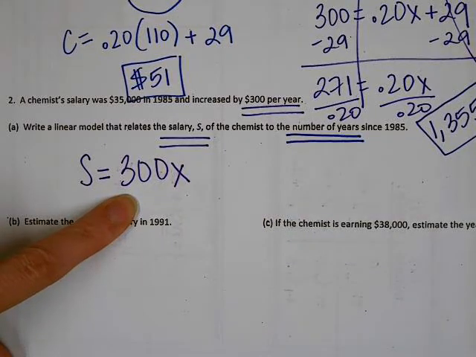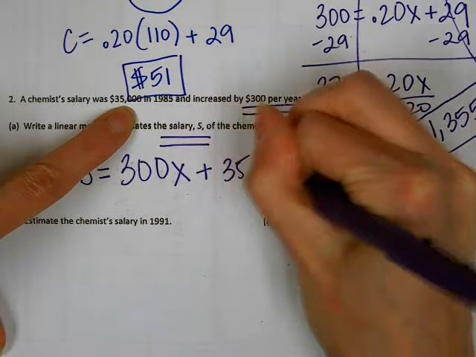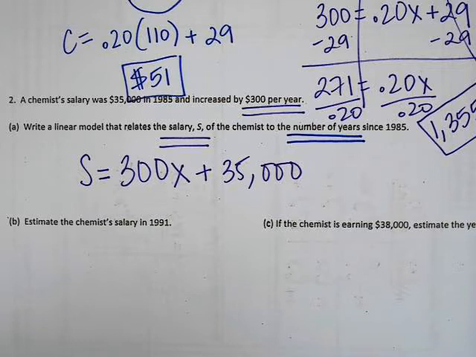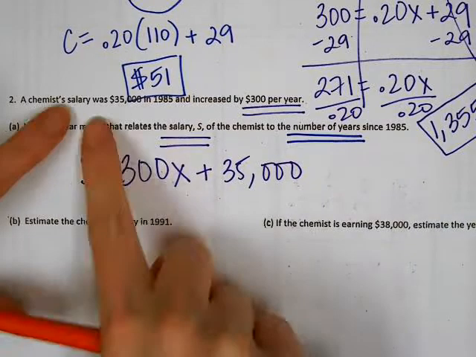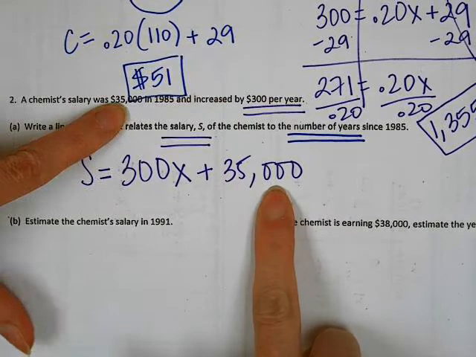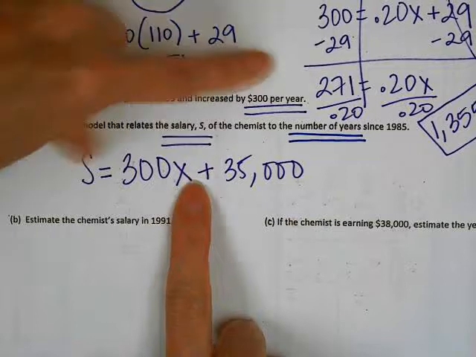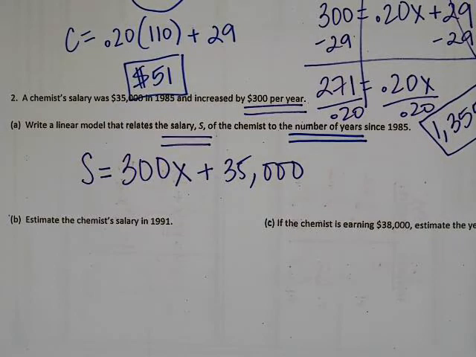And then what's the original starting value? His starting value was 35,000. Let's pick this apart one more time. His 35,000 was started in 1985, and then it's increasing by 300 each year. So that's our model.